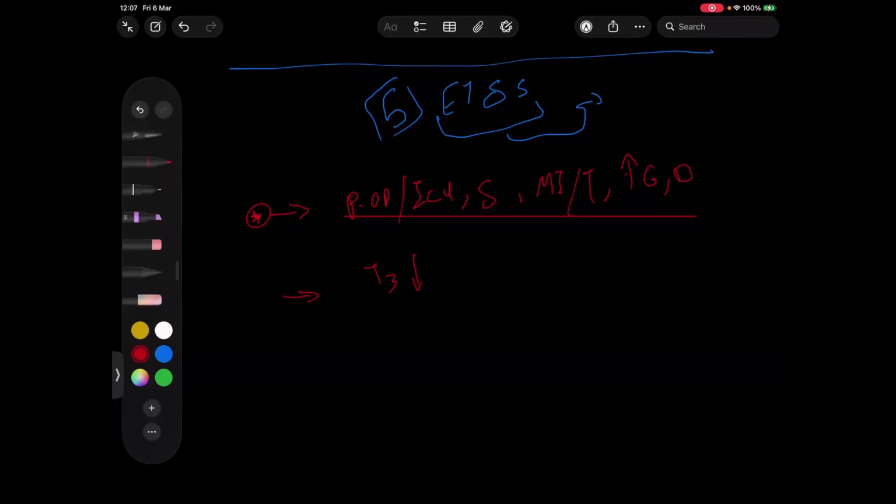Initially low T3, it can be followed by low TSH. And you make another arrow and you write if it's severe, you're going to find low T4.